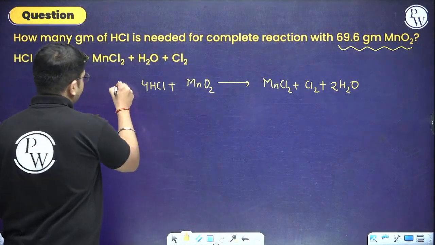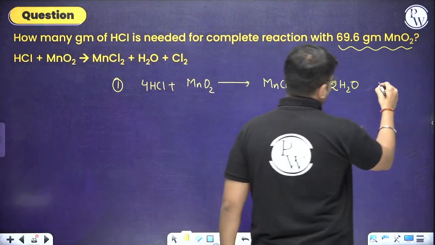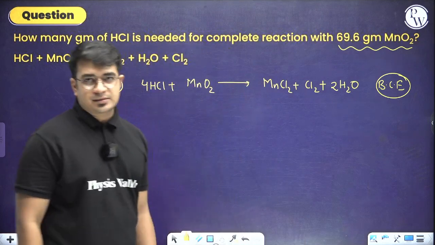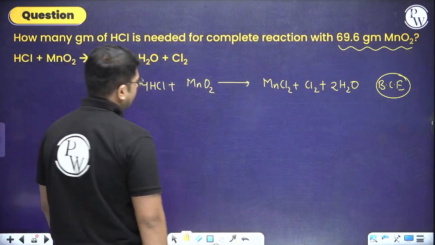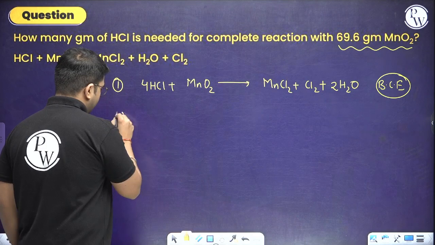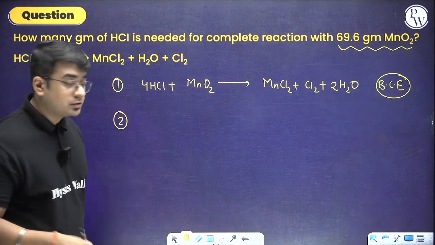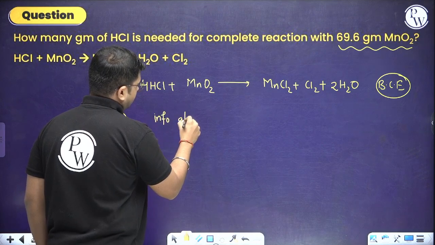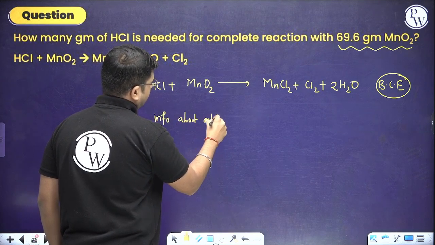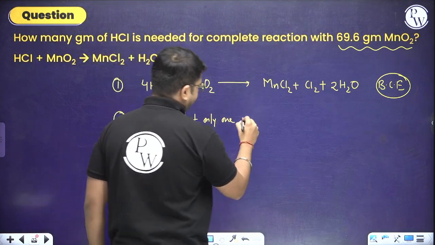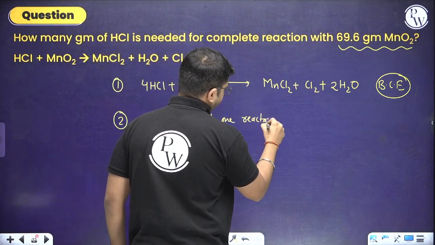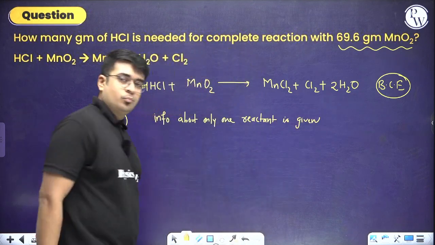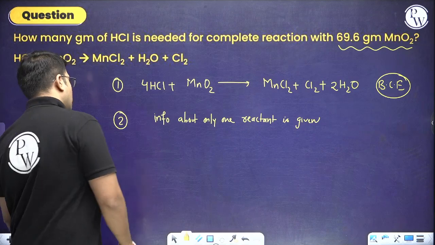So step 1 is done, which is the balanced chemical equation. Now second part is calculate number of moles. Information about only one reactant is given, so definitely the question is from mole analysis.